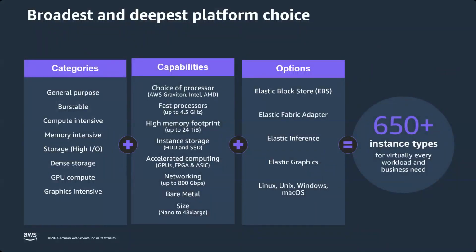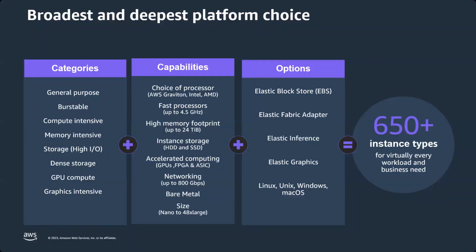Okay, so instances, as I said before, are at the heart of most customer workloads, and EC2 offers the broadest and deepest compute platform with over 650 instances and the choices of the latest processor, storage, networking, and so on.